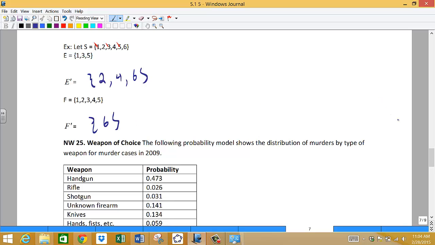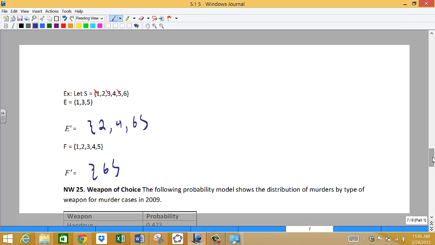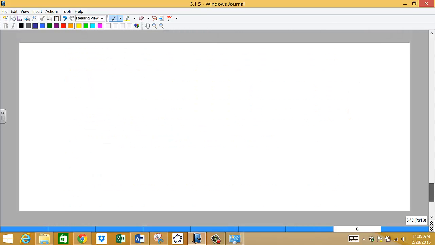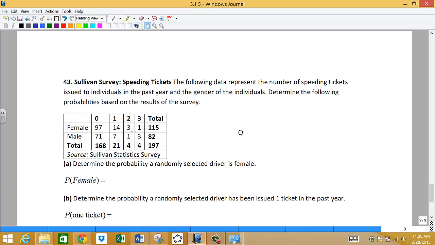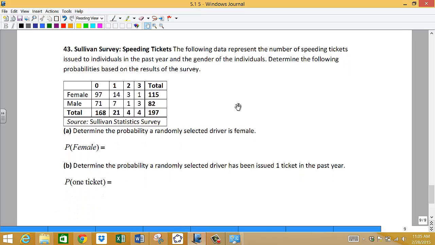Now the problem that I want to take a look at here in 5.2 is really just what we call a contingency table. Okay, so let's look at this problem here in 5.2. So we have this contingency table, and we want to know the probability of getting a female.